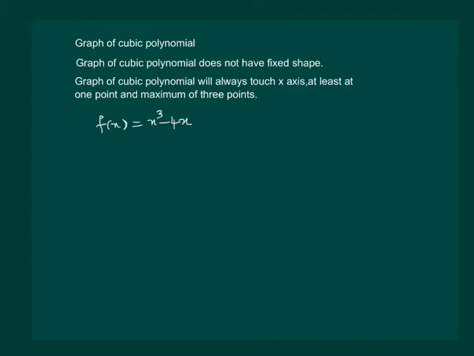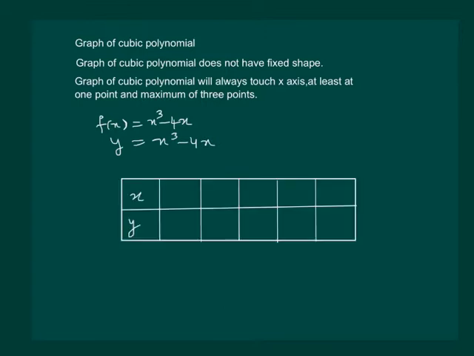Let us take an example and draw the graph of a cubic polynomial, say f(x) equal to x cube minus 4x. This can be written as y equal to x cube minus 4x. Now draw a table. Let us take some values of x and find the corresponding values of y.